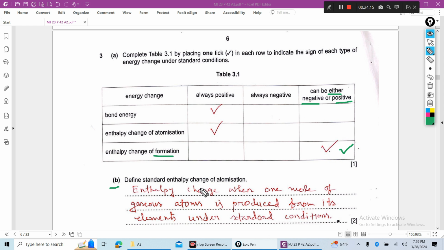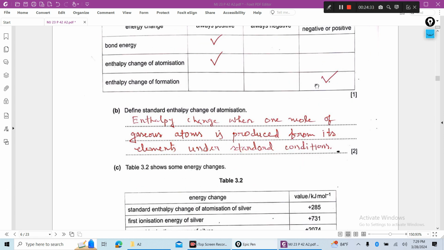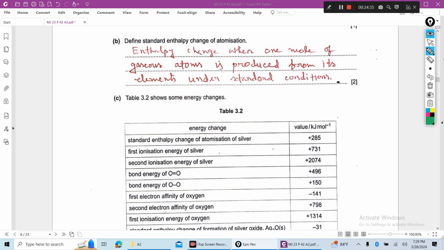Then define standard enthalpy change of atomization. You know, it is the enthalpy change when 1 mole of gaseous atoms is produced from its element under standard conditions.